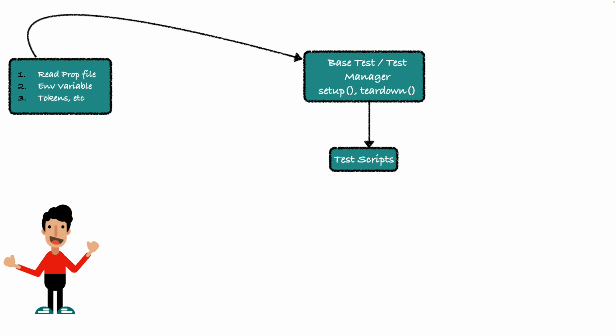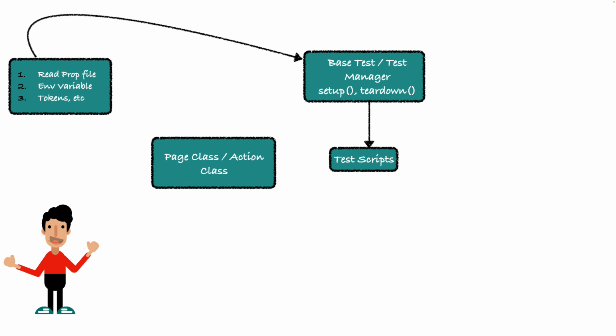During your execution, you need to build certain strategy depending upon the environment variables, or in certain places you might need a token. This is just an example of a few utilities or helper classes which you might require during your automation framework.